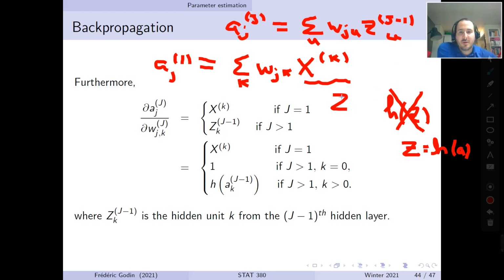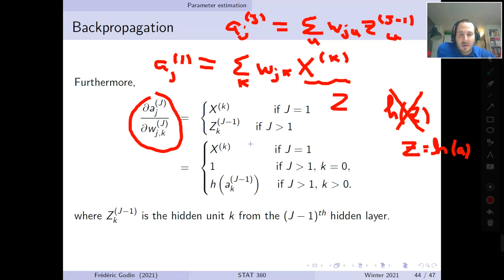So if you differentiate with respect to wjk, then all terms where u is different than k vanish, and what remains here is zk j minus 1. So here we have a value for the derivative of an activation function with respect to each of the parameters of the same exact layer.